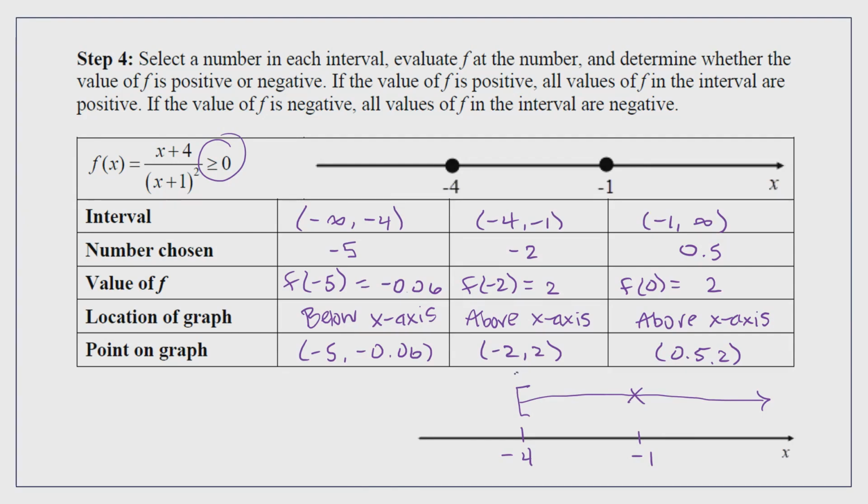Sometimes you'll see this as a dot, and then you would see a hole at -1, and then an arrow, again, depending on what your textbook states.